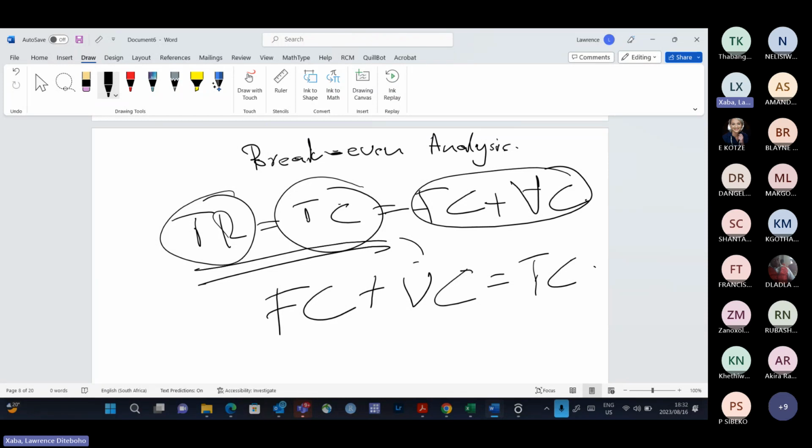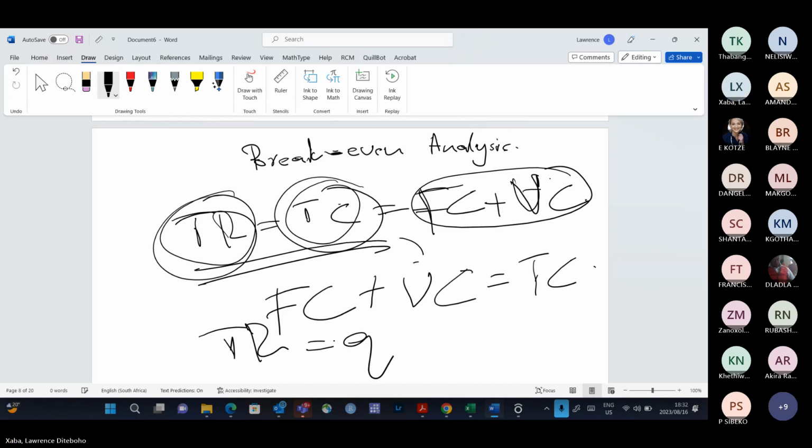Now we can say we have a break-even point where total revenue is equal to total cost. Total cost is total fixed cost plus variable cost, and we know that TR is equal to P times Q from the previous lecture.